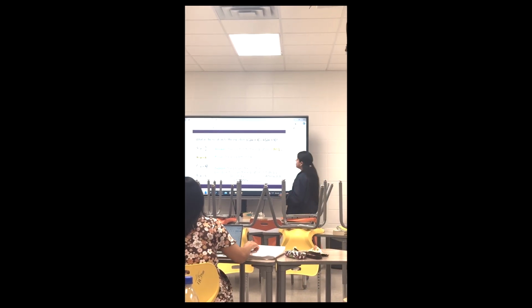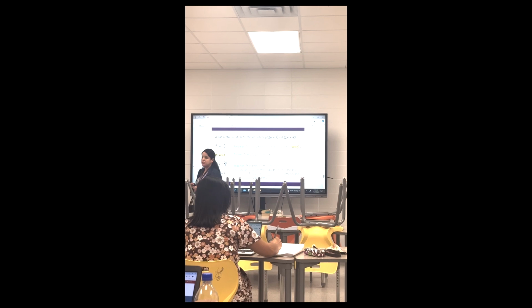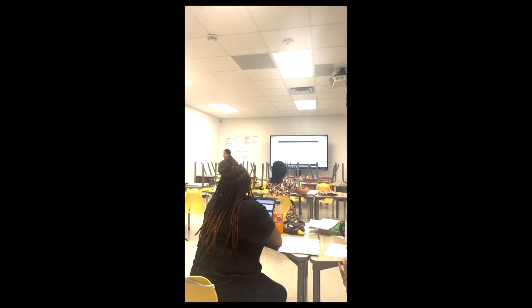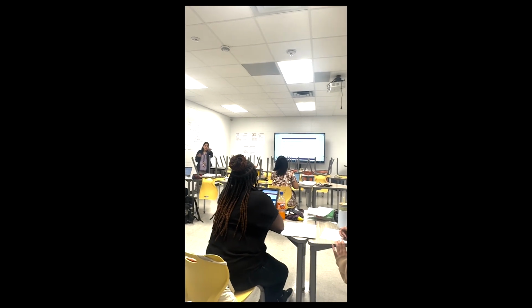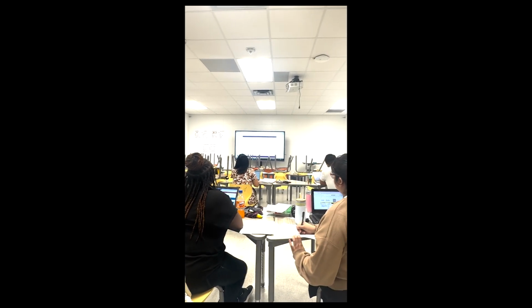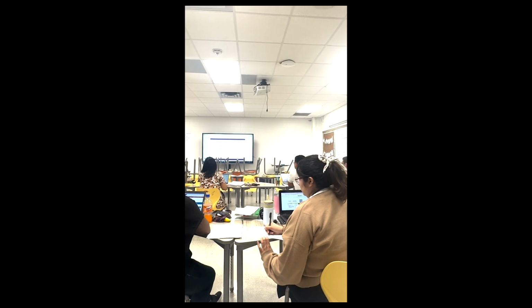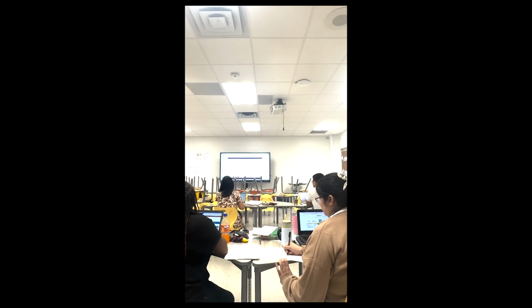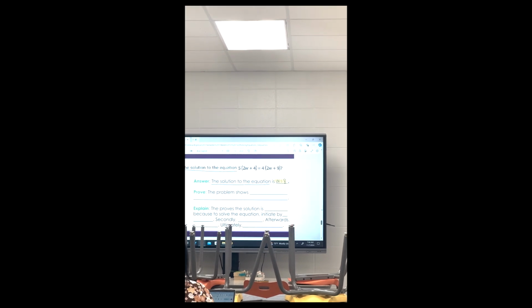Okay, the problem shows. I want you to tell me, what do you see in the problem? Just tell me what you see. An equation. An equation. What else do you see? What does that equation look like? The problem shows variable on both sides. There's a variable on both sides. Is it a different variable or the same? So it's a one variable equation. So we can say that.